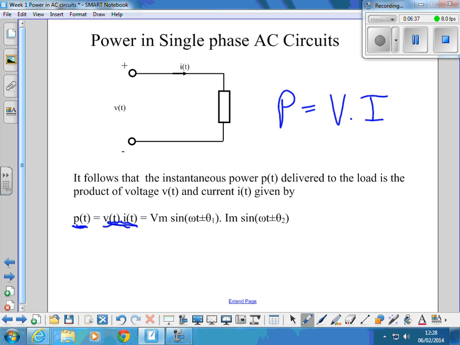So, if we want to know the instantaneous power at any moment in time, we multiply the instantaneous voltage by the instantaneous current using that formula, and we can find out what power is being drawn or used by that circuit at any moment in time.